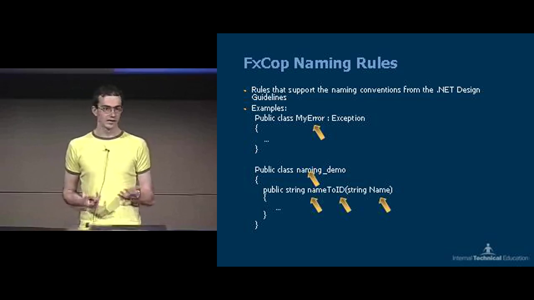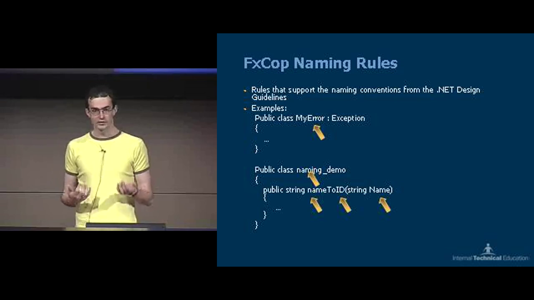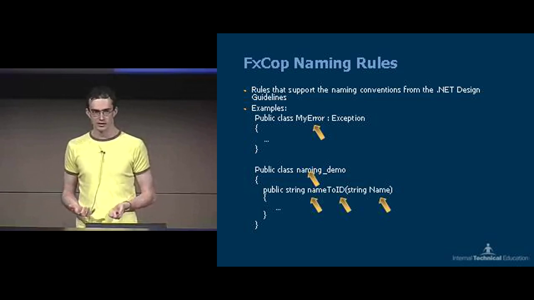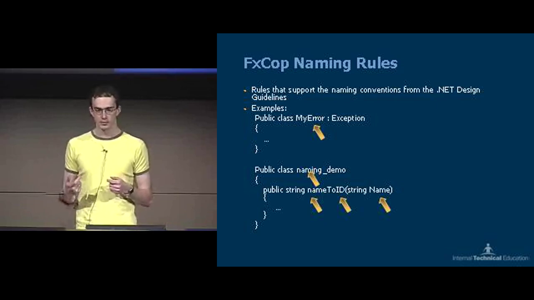But if you look at HTML, they use capital I, capital D. So there's been a lot of discussion inside Microsoft and outside Microsoft. When we asked a lot of customers outside Microsoft, what we found is that they want consistency. So we looked over the whole framework and the whole Longhorn, and we ran a tool that detected how often capital I, capital D was used and how often capital I, small letter D was used.